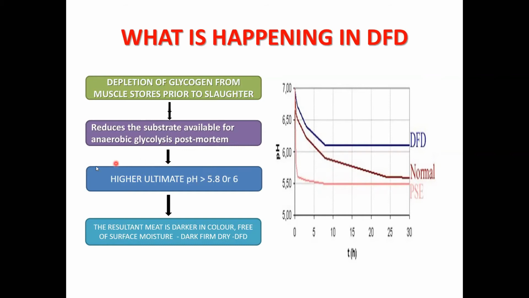Since the lactic acid formation is less, naturally the pH is more than 6, around 6.3 or 6.4. That is the ultimate pH I'm talking about. Because of the higher pH, this meat or muscle will be dark, the surface will be dry, and it will have a firm texture.